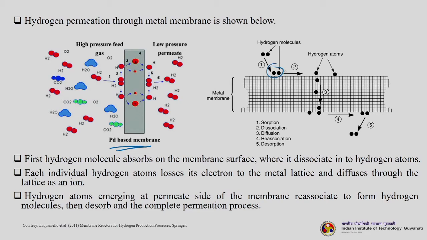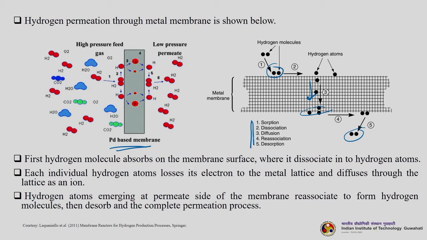Once it dissociates, it starts diffusing through the membrane. Once it reaches the tail end of the membrane, the atoms get reassociated, and then the desorption happens here. So, this is how it happens: sorption, dissociation, diffusion, reassociation and desorption, the 5 different steps.